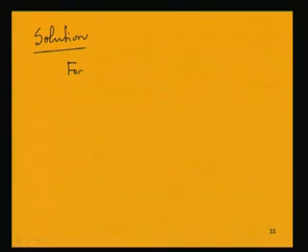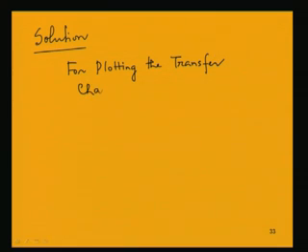Now, for plotting the transfer characteristic, we need to know at least 4 points. How many points are required?